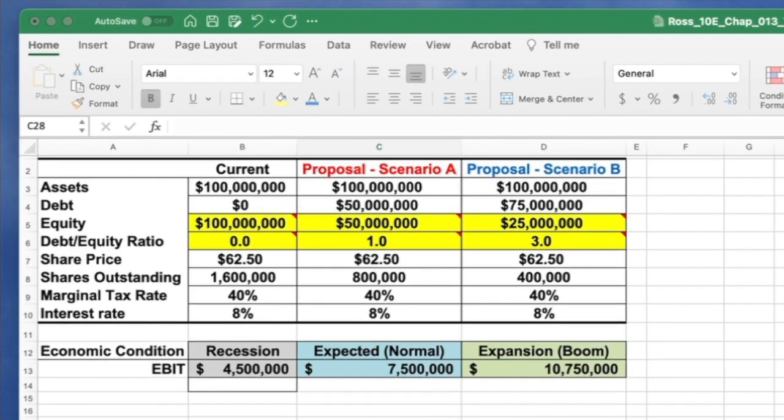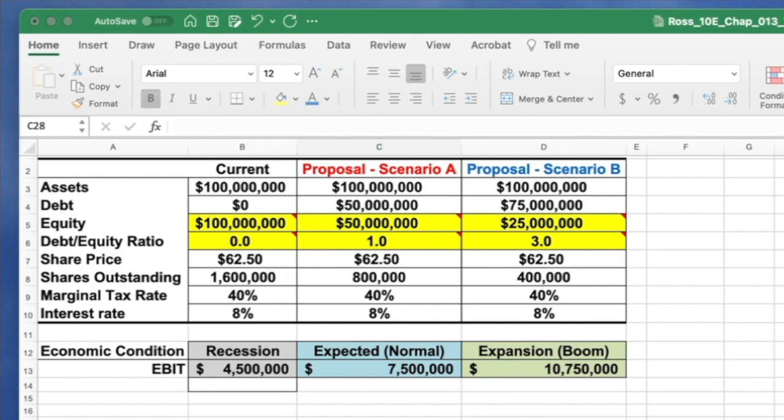In this current scenario, we have no debt.